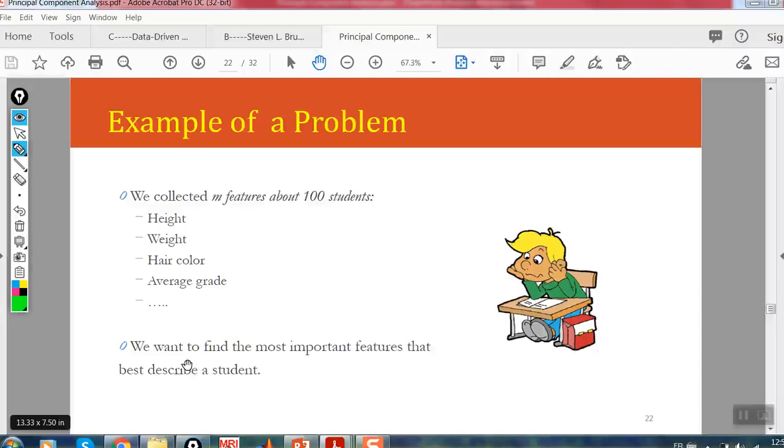Each of you has your own height, your own weight, your own hair color. These things are your features. Then we measured this and we represent these features in a vector, and we call this vector the feature vector.